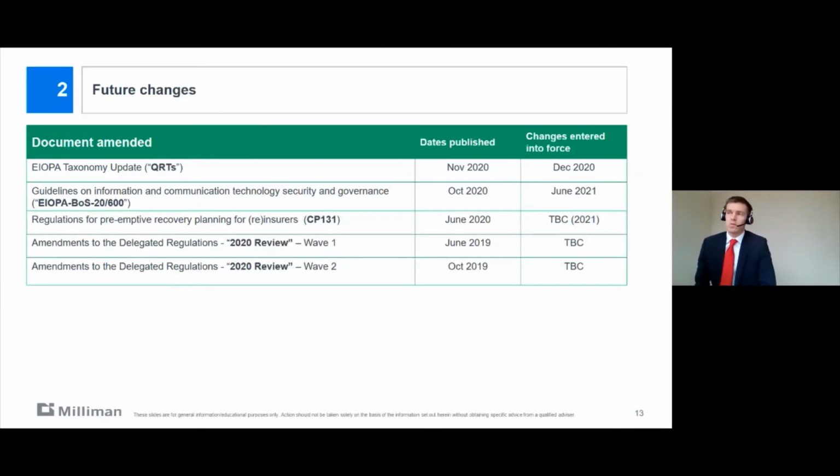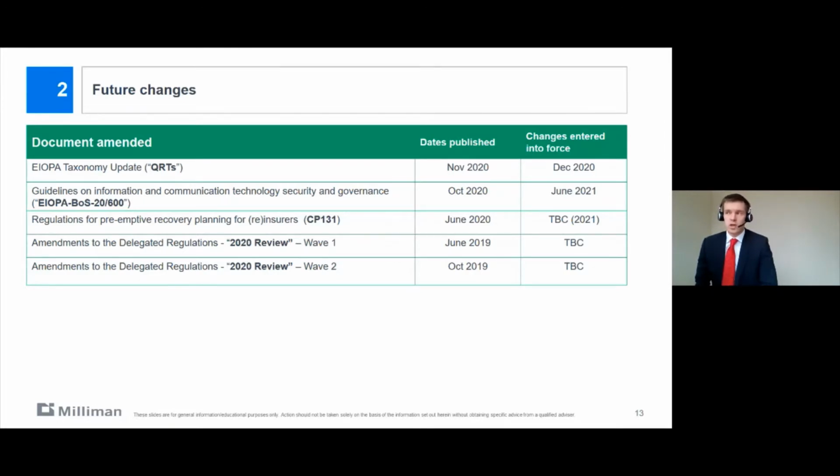Something that may or may not fall within the realms of the Solvency II world is recovery and resolution planning. There is a strand on recovery and resolution planning in the Solvency II 2020 review. However, the CBI have decided that they will potentially implement some recovery and resolution requirements for companies in Ireland before that date.